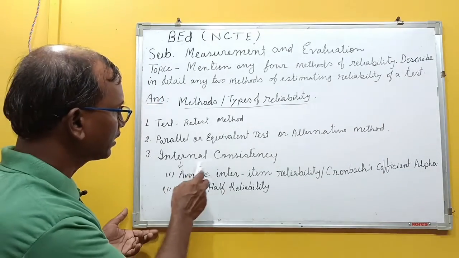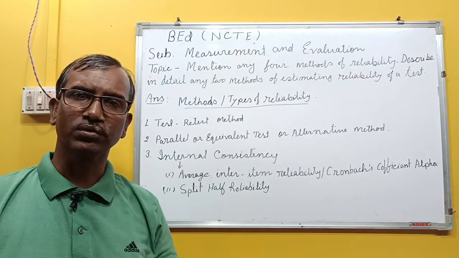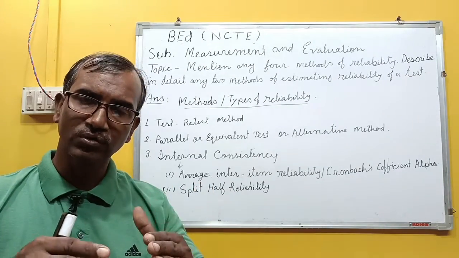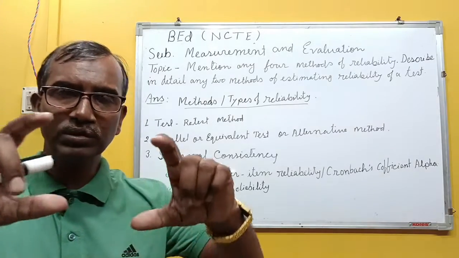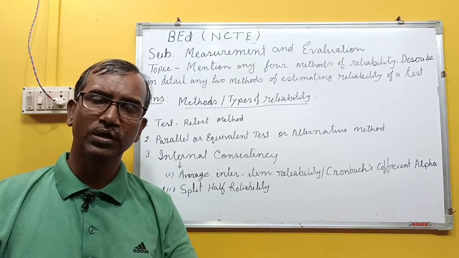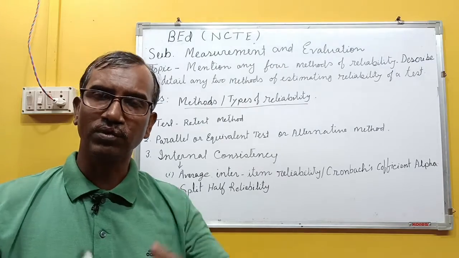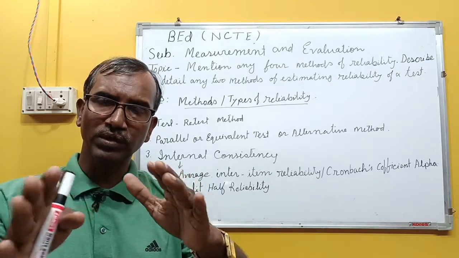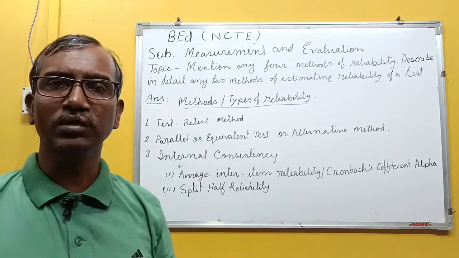So internal consistency: a test applies different questions, different designs, different ways and means, different devices. All these items, different questions, should have a close relation with the test, should be very similar and close to the aim of the test.